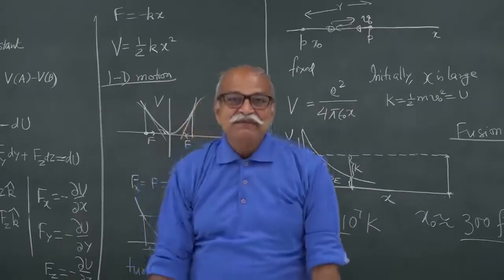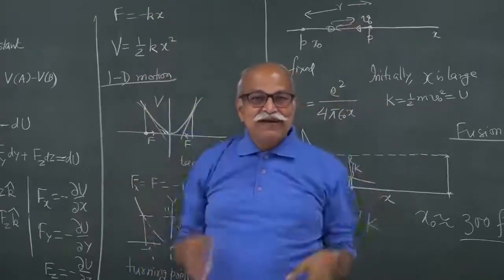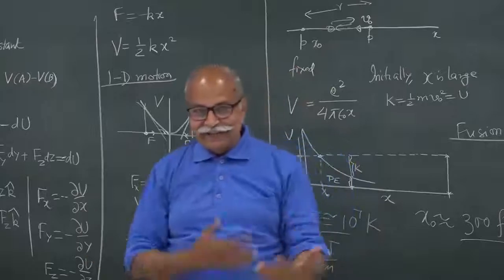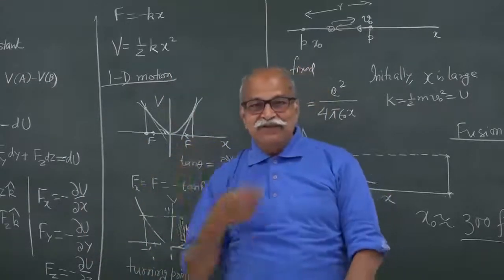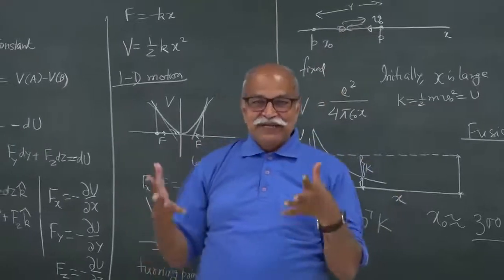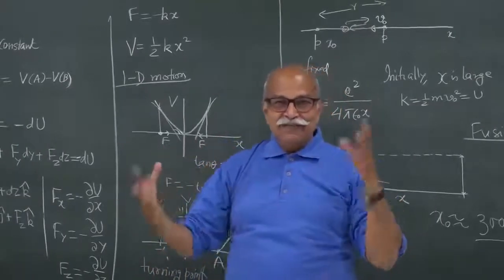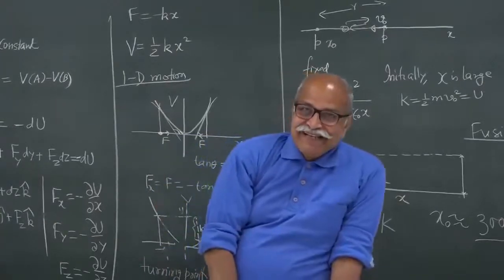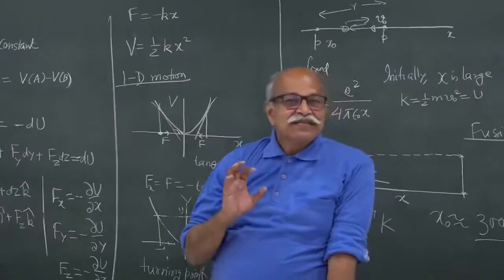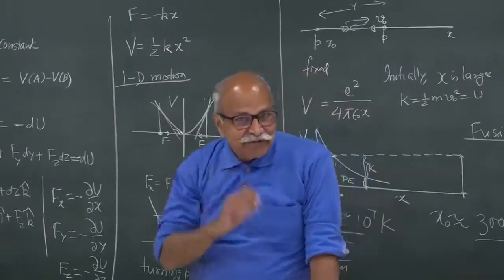When we say angular momentum, generally what comes to your mind is that something is rotating, and angular momentum should be some moment of inertia times angular velocity. So it should be a rigid body or an extended body, but even for a single particle the angular momentum concept is very useful. Let us see how.